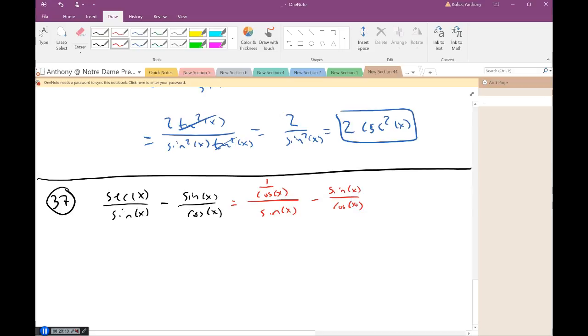And then what do we need to do next? This thing looks pretty gross. Let's simplify that down, right? Technically, this is a fraction of fractions, right? It's 1 over cos divided by sine over 1. So how did we simplify a fraction of fractions? You have the top times the reciprocal of the bottom.